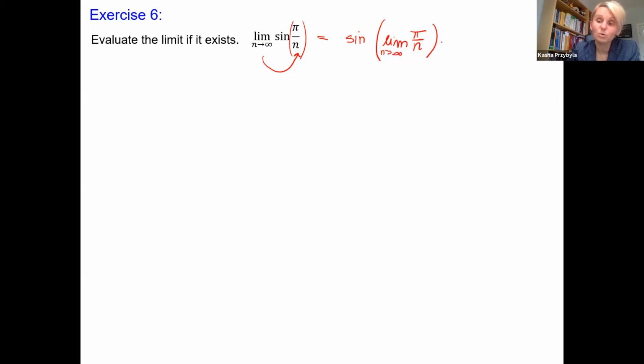And how does the quantity pi over n behave at infinity? n is infinity, and pi or any constant number over a big number is a small number. That means this is 0. And sine at 0, of course, is 0. That means this limit is 0, or the sequence converges to 0.